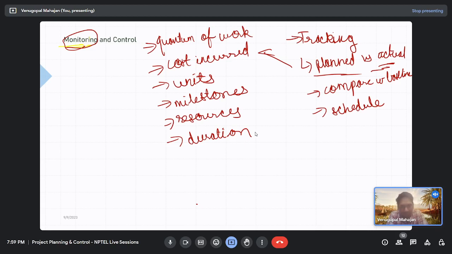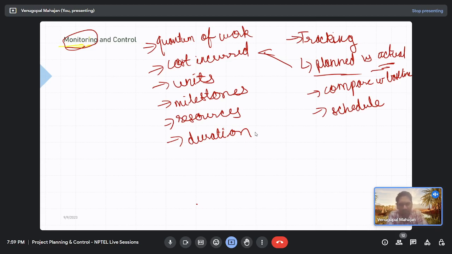So not the critical path, but if it is measured in terms of cost incurred or duration, it could be. Yes, because when we are tracking, we don't only track critical activities. We track all the activities, critical or non-critical.